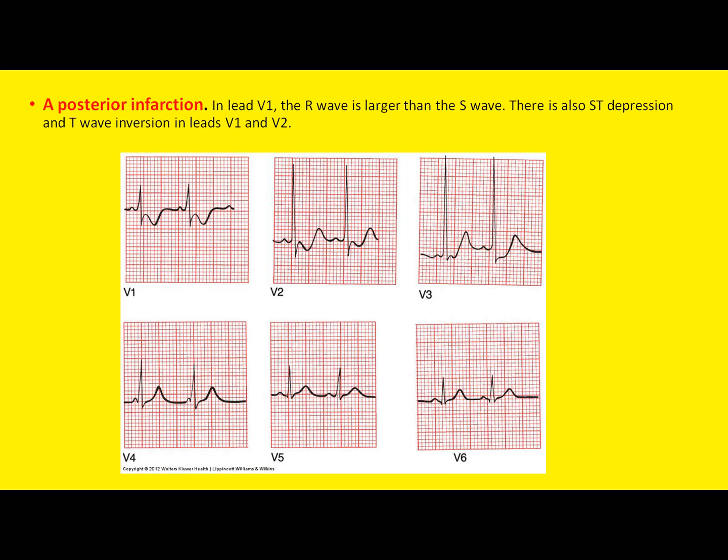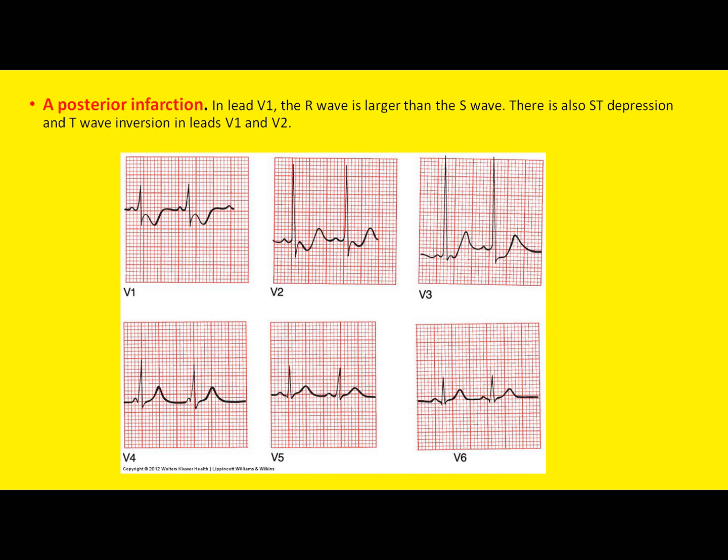Now posterior infarction. Remember, we normally don't put leads in the back, right? Because we only go up to V6 here. V6 ends in the mid-axillary line, in the intercostal space. But if you see ST depression and T inversion in leads V1, V2 and V3, you need to start thinking, why is this?